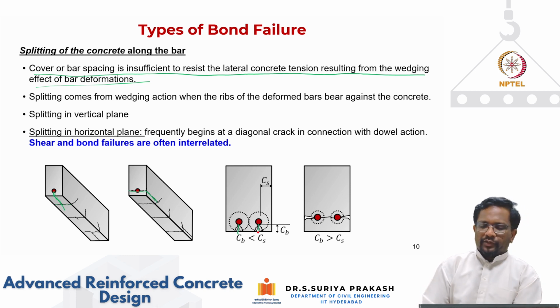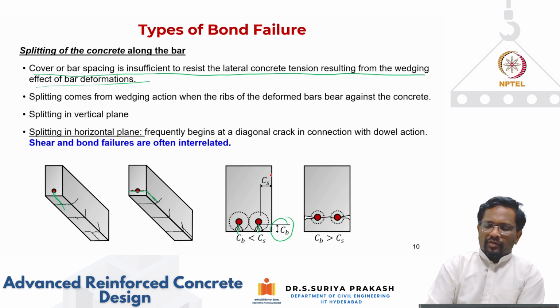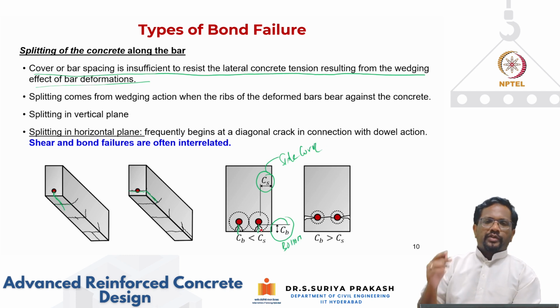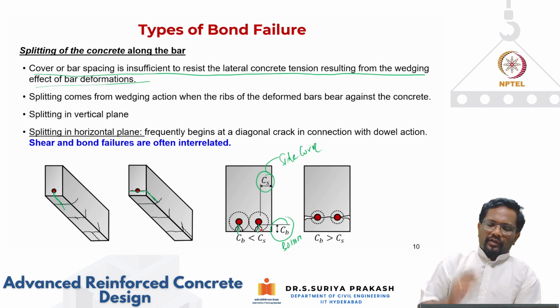This vertical splitting will happen when your bottom cover CB is less than your side cover. So this is your side cover. This is your bottom cover. So when your bottom cover is less than the side cover, you tend to have this kind of vertical splitting.